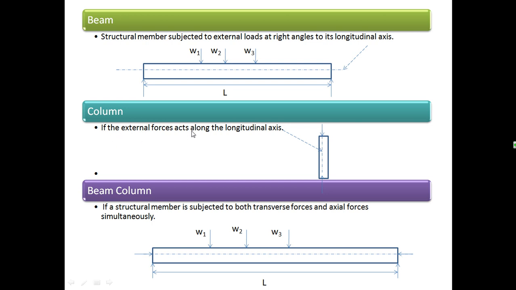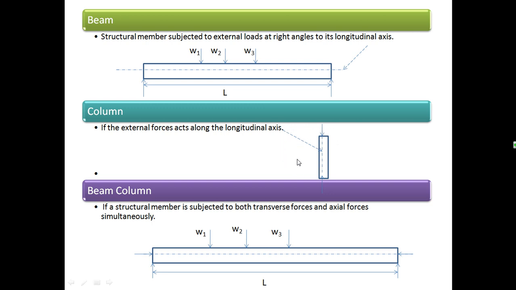If the external force acts along the longitudinal axis, so the load and the longitudinal axis are on the same line, this member is known as a column. In the beam, the load acts at 90 degrees to the longitudinal axis; here it is acting along the line.